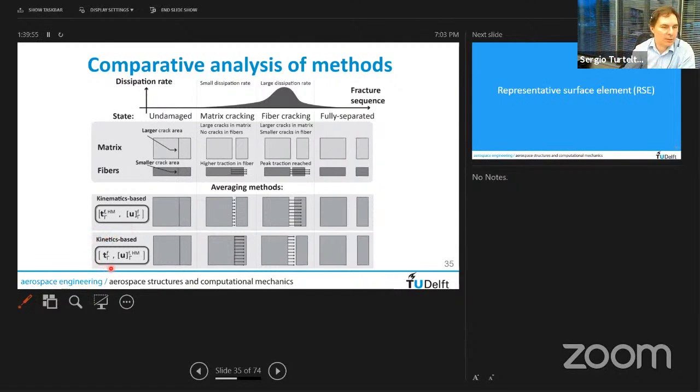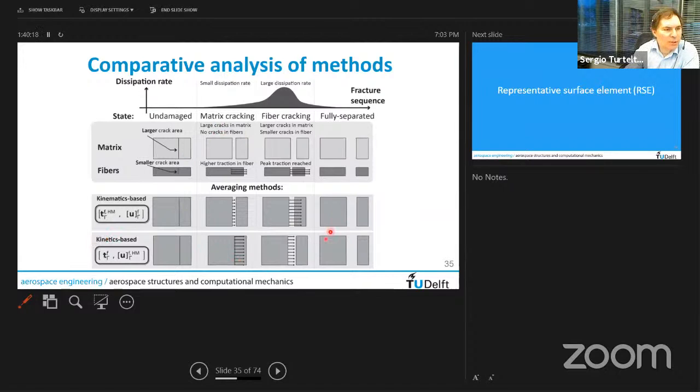The kinetic space is exactly the opposite. We take the average traction, so we take the average force, and then we adjust the crack opening to match the Hill-Mandel condition. So in both cases, we do have an exact match for the Hill-Mandel condition.